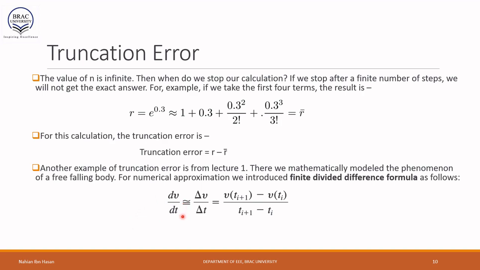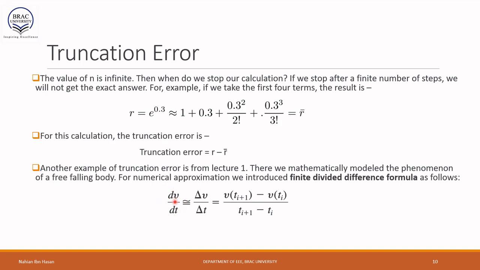For example, dv by dt is a differential term. It's the differentiation of v with respect to t. In numerical analysis, you cannot use these terms. You have to represent this term with an algebraic notation. And that's where the finite divided difference formula comes into play.